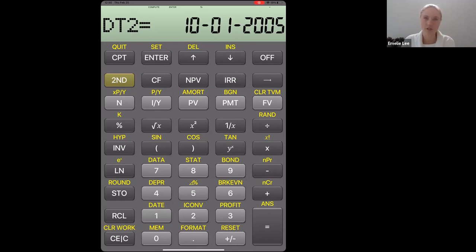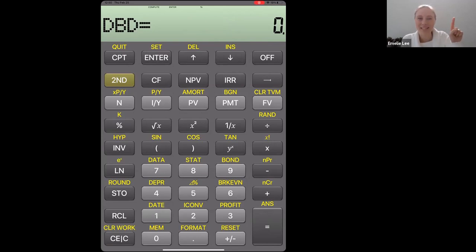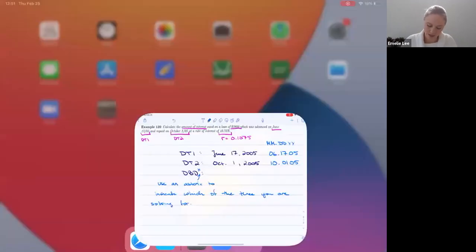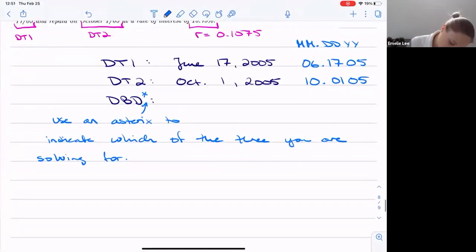I'm rushing through this because I want the answer on here. Now I step down and I can compute using that CPT button in the top left-hand corner, compute the days between dates, 106. So I'm just going to jot that down, but of course we're going to come back to this next day. So 106.